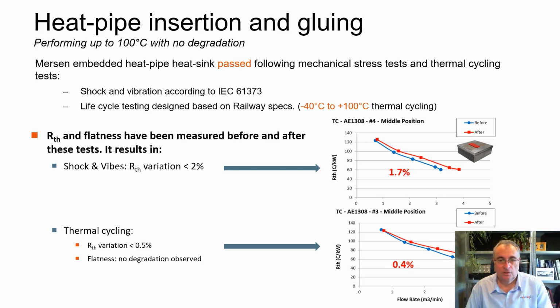Even after these very tough cycles, minus 40, plus 100 degrees C, there is a variation of less than 0.5% of the thermal resistance and almost no degradation observed for the flatness. So it means that this technology is now fully mastered, it works well, and there is no degradation observed over time.